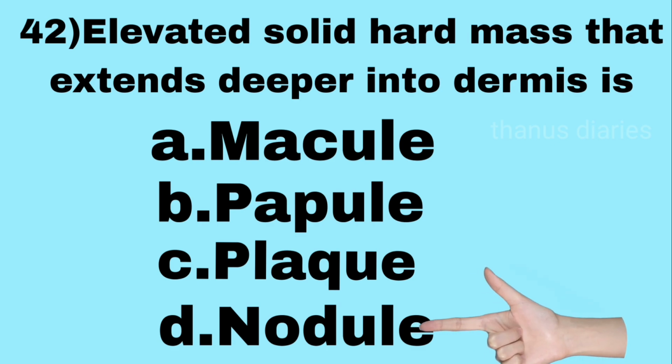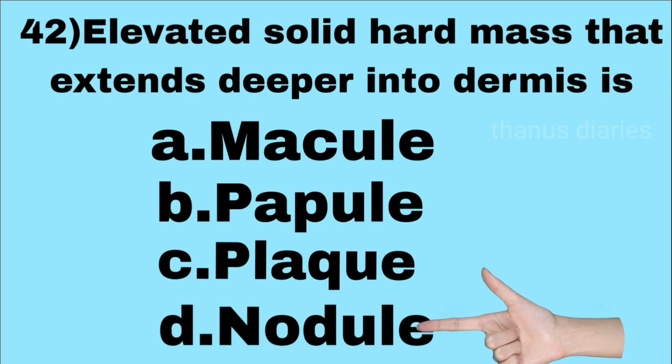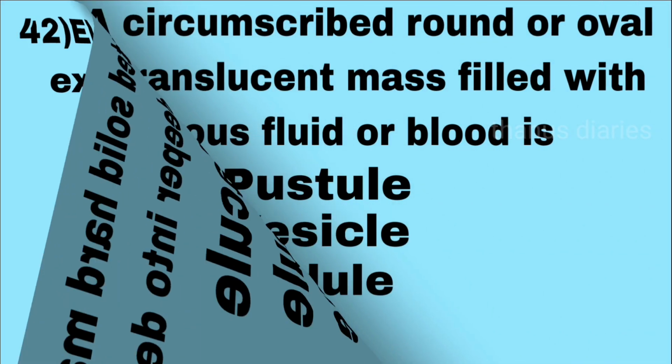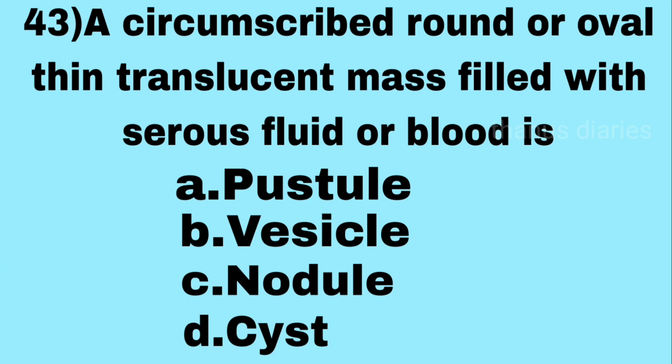The answer is nodule. A circumscribed round or oval thin translucent mass filled with serous fluid or blood is: pustule, vesicle, nodule, cyst.